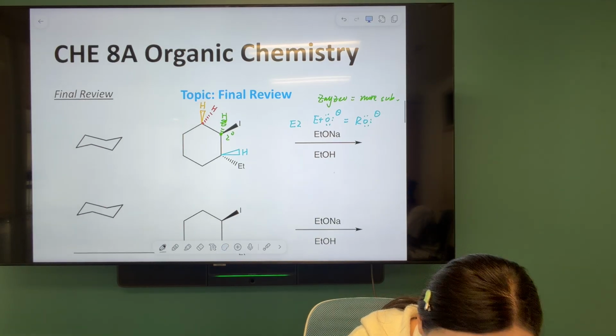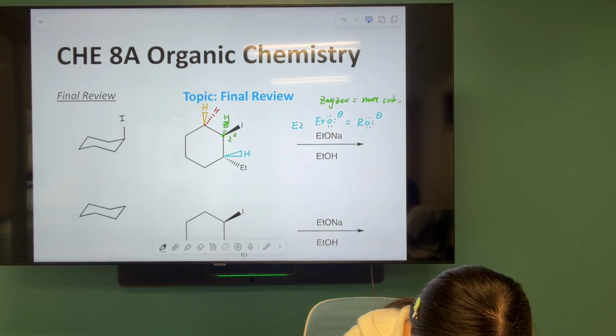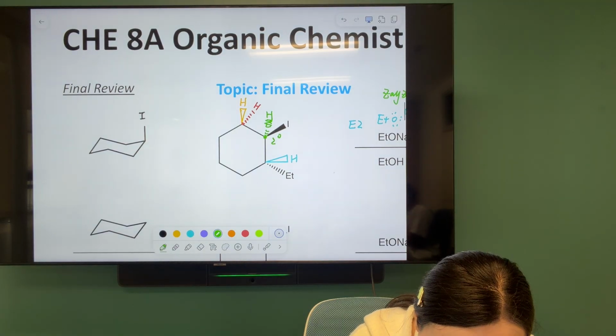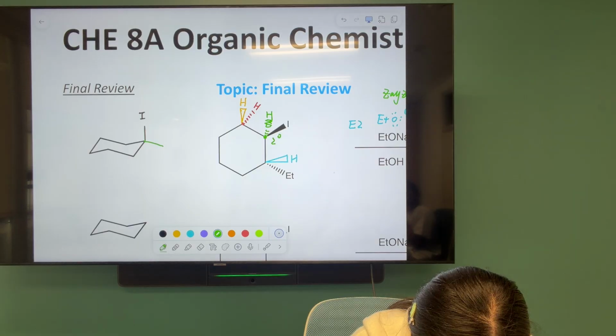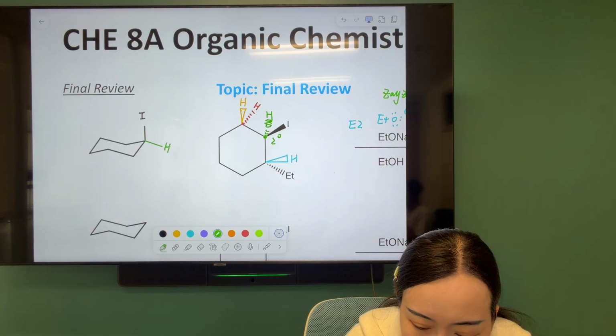My iodide is pointing up. My green hydrogen. By the way, what kind of bond is on my iodide? Axial, right? Green hydrogen is equatorial.